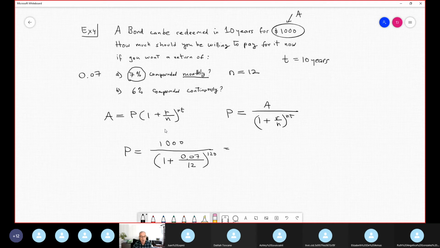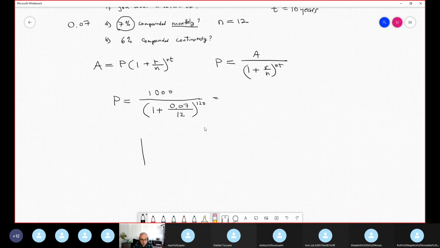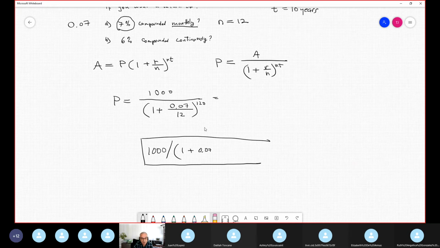Okay, I put it in my calculator. How do you put this in a calculator? Well, this is the display. You put, first of all, 1000 division, big parenthesis, 1 plus 0.07 over 12, close the parenthesis, power 120.